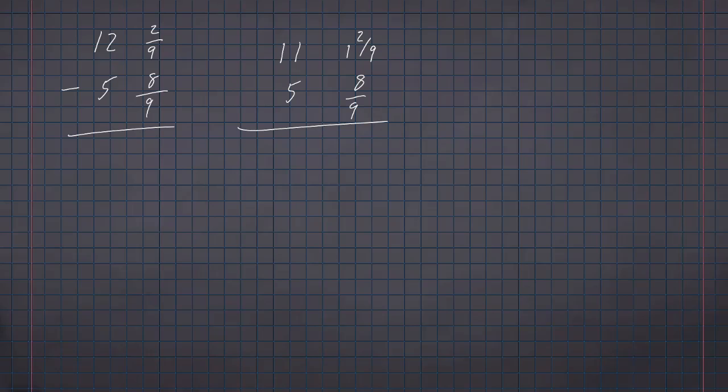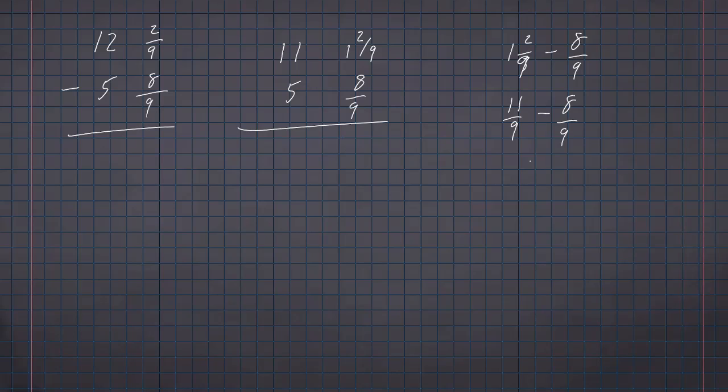And here we can actually do the subtraction. 9 times 1 is 9, plus 2 is 11. So 1 2/9 is the same thing as 11/9. And 11/9 minus 8/9 does give us a positive value, which is what we needed. 11 minus 8 is 3.